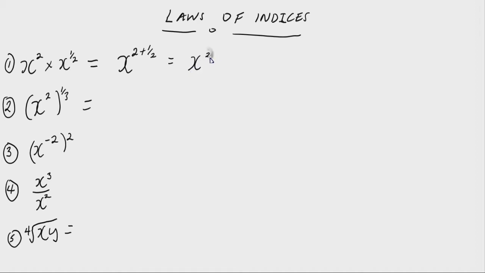And then we do the lowest common denominator. There's a 1 here. Well, I'll explain this in the fractions video. So that will make it 2 plus 4 plus 1 over 2, which is equal to x to the 5 over 2.